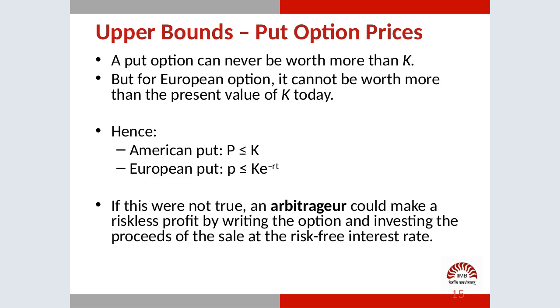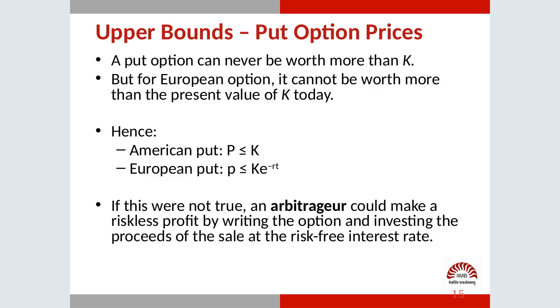Whenever you exercise, you get the same amount K. There is no adjustment whether you exercise on the first day or the last day, you still get the same amount K. On the other hand, in the European option, you can only exercise on the last day. You cannot exercise it earlier than the maturity date. So you can only exercise on the last date, and on that day you will get K. There is no possibility of you exercising earlier.